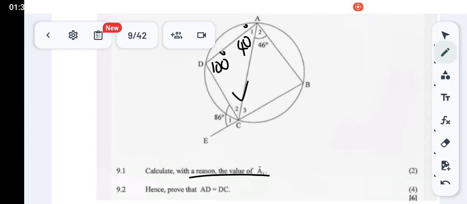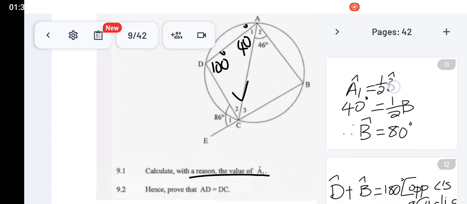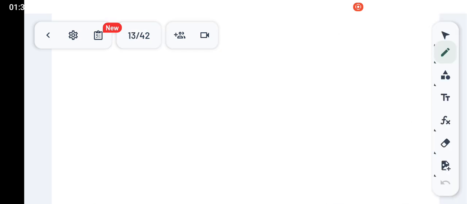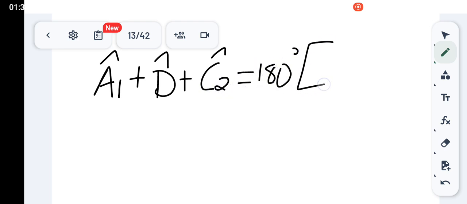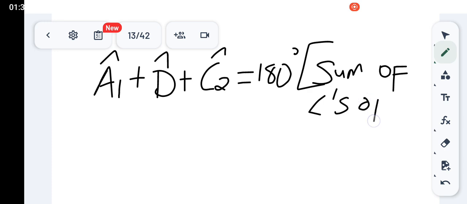So angle A1 plus angle D plus angle C2 will be equal to 180 degrees. Reason, sum of angles of a triangle.